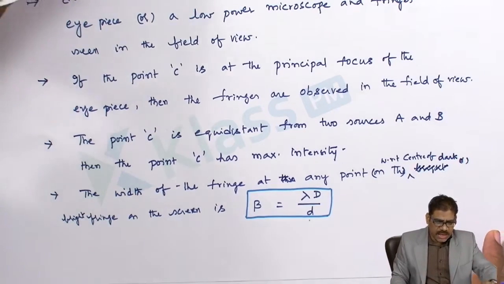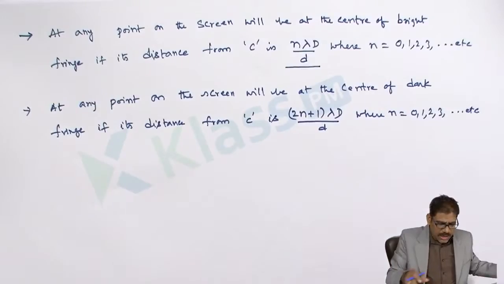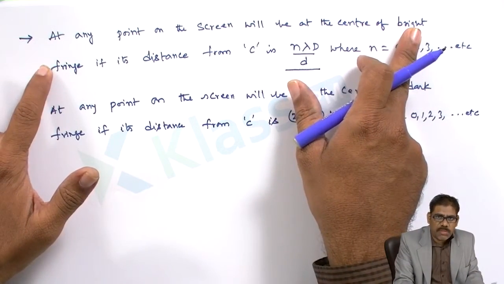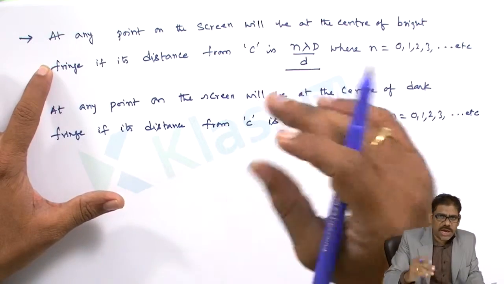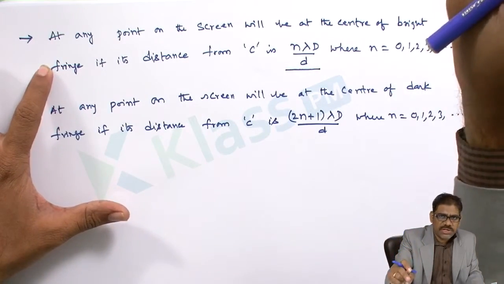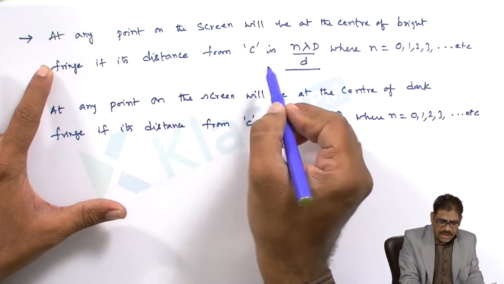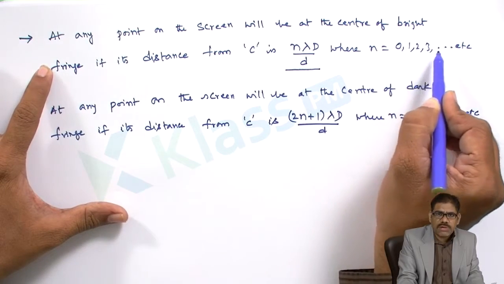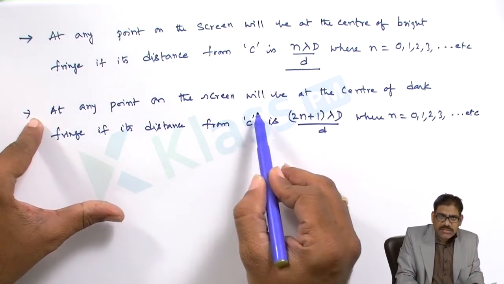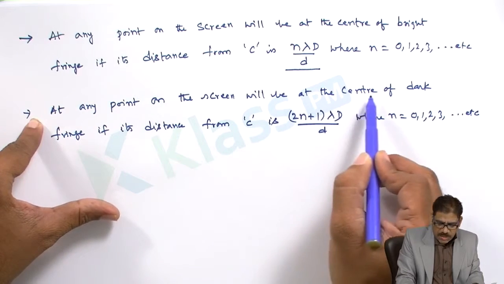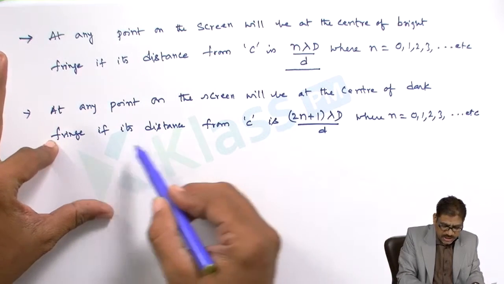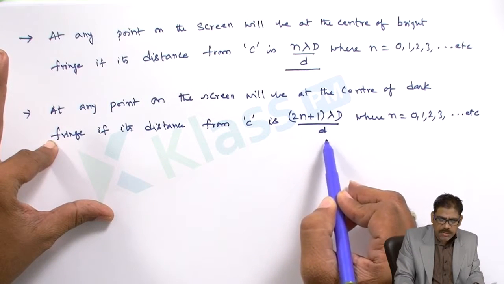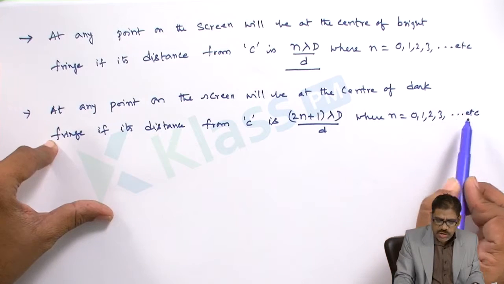But if we are talking about alternate dark and bright fringes, and you are selecting the center of the bright fringe, then the distance from C is n lambda D by d, where n is 0, 1, 2, 3, etc. If the point is on the dark fringe, then its distance from C is given by 2n plus 1 into lambda D by d, where n is 0, 1, 2, 3, etc.